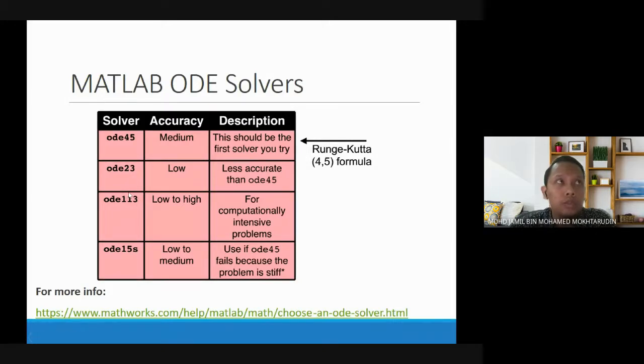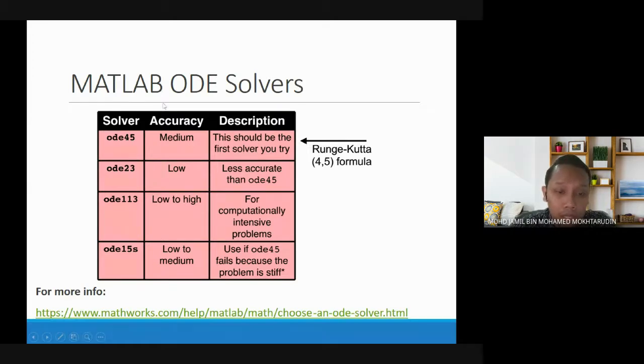This is usually used by those who solve equations that are very difficult to solve. Maybe if you use 15s and you didn't get the solution after a few hours, you can try changing to 45 and so on.